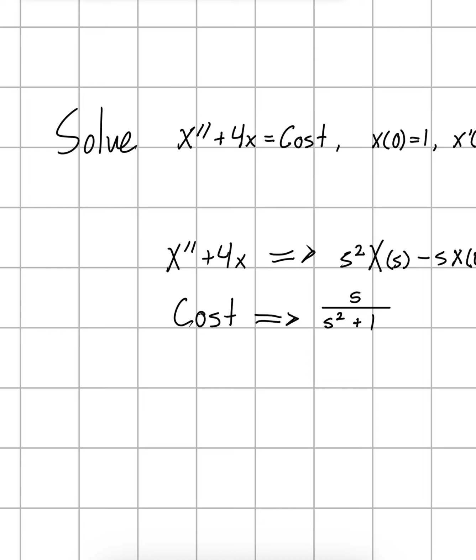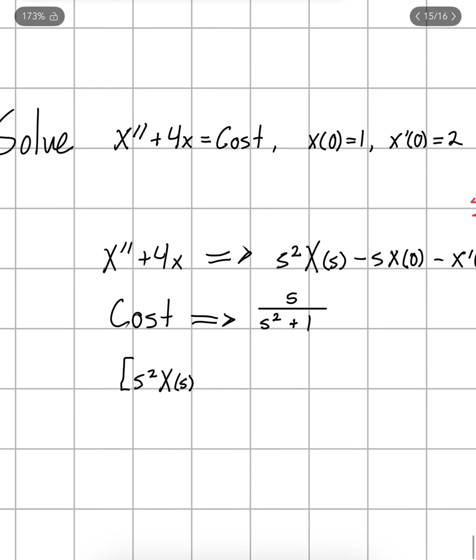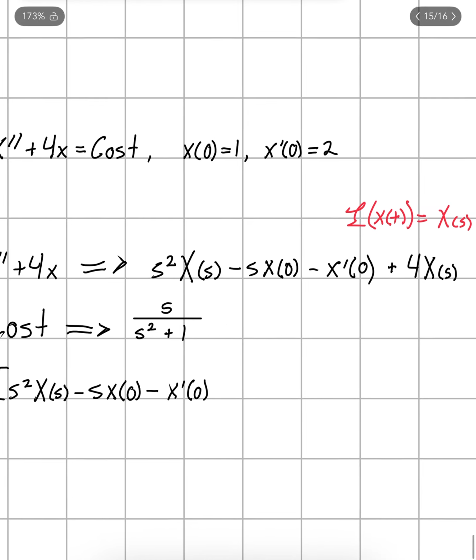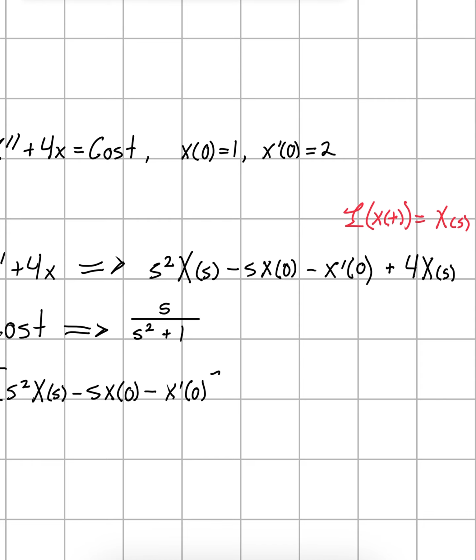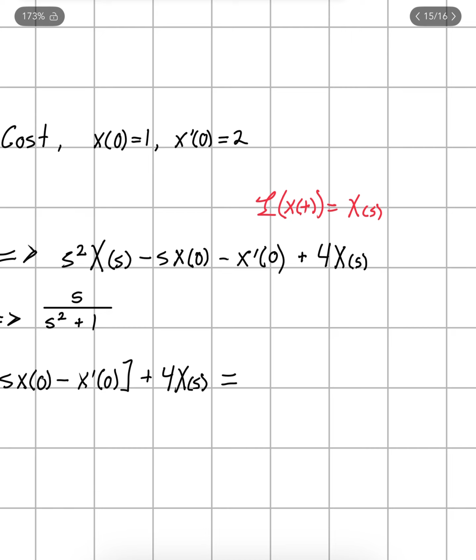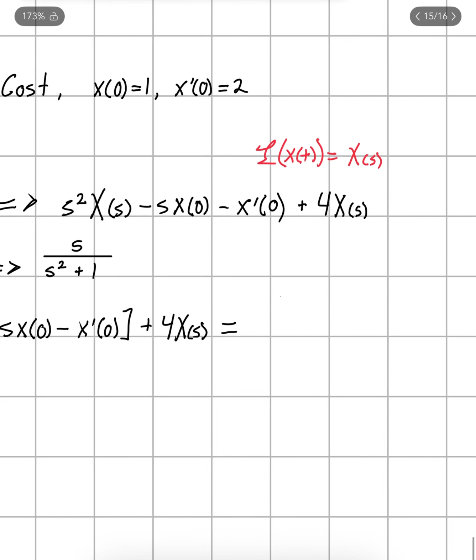So, in brackets, we'll put s squared big X of s minus s times x of 0 minus x prime of 0 plus 4 big X of s equals s divided by s squared plus 1. Okay.